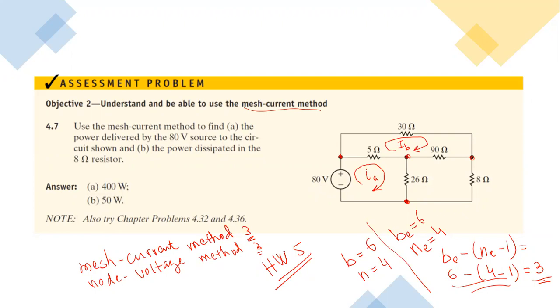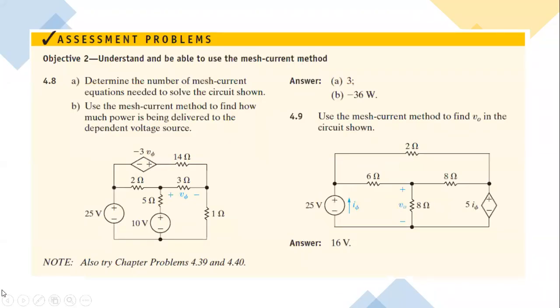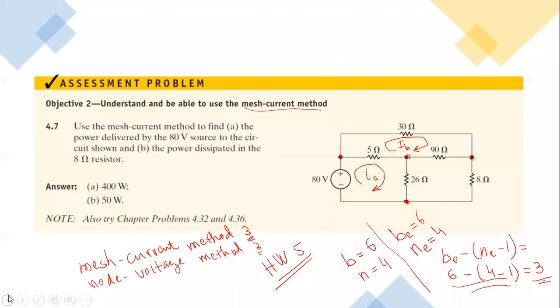And where is the third mesh? The bottom right. So it will be IC, like this. So this will be IC, right?